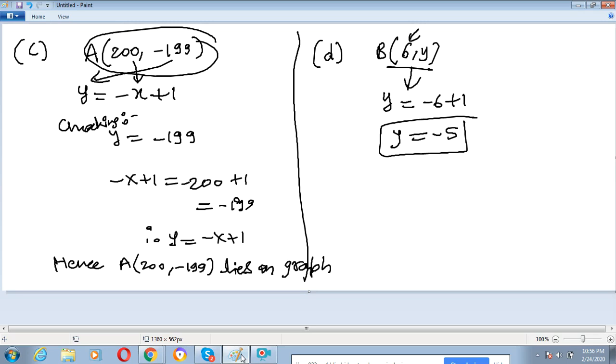Okay, I've drawn the graph. Write down the coordinates of the point where the graph of this function meets.